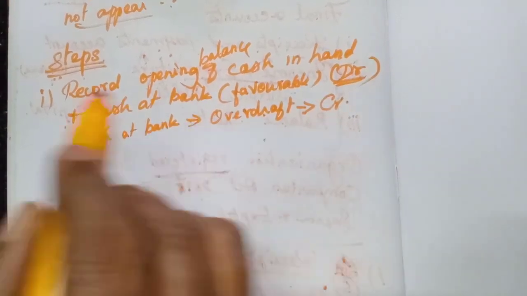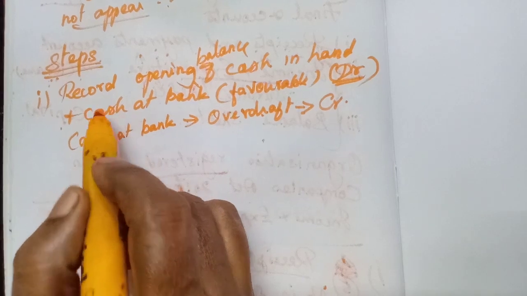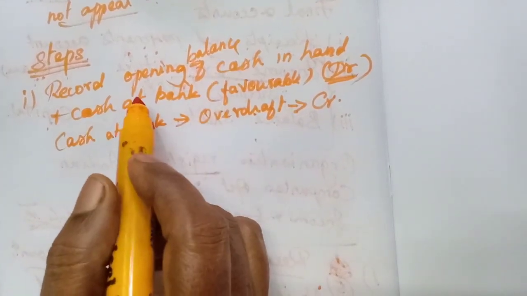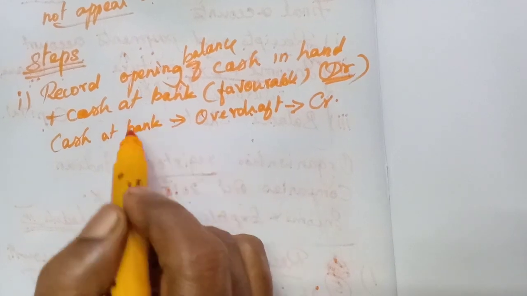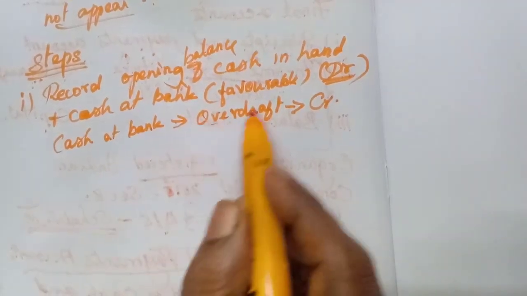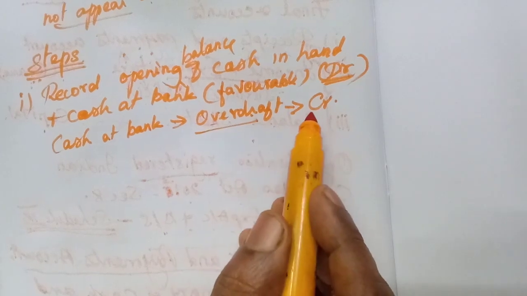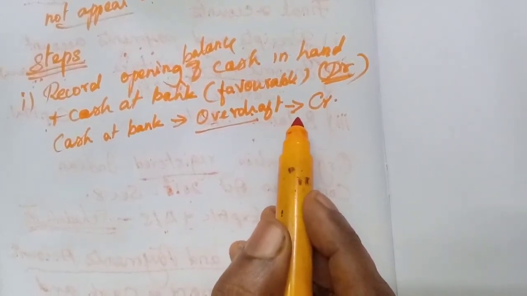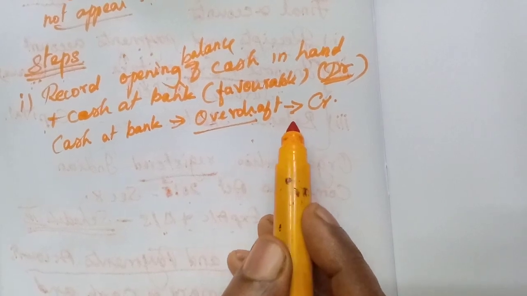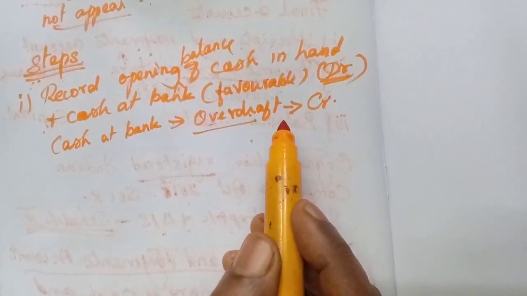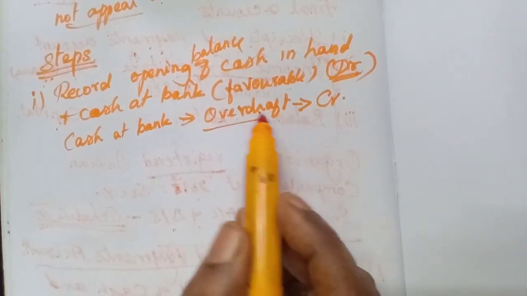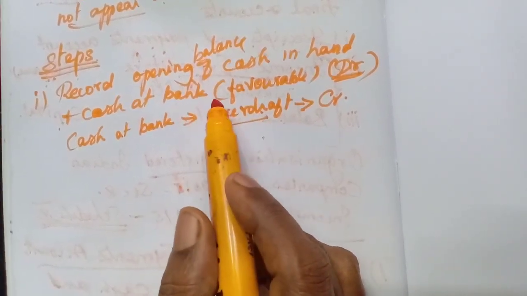So it begins with recording the opening balance of cash in hand and cash at bank on the debit side. If it is bank overdraft, we enter on the credit side by balance brought down. Understand? By balance brought down you have to write, or to balance brought down if it is debit balance.